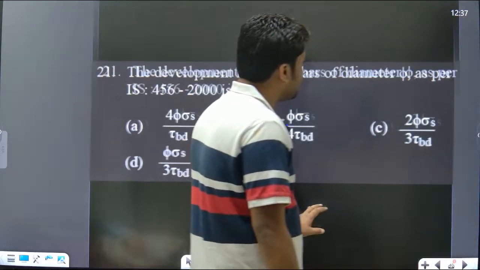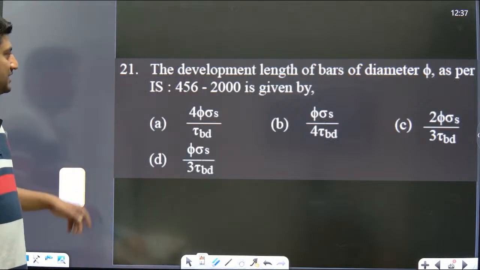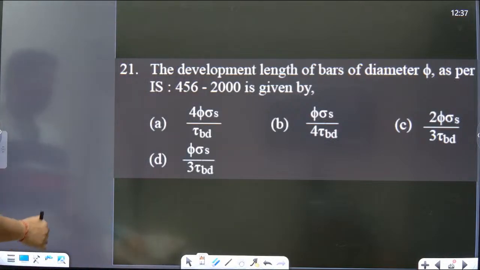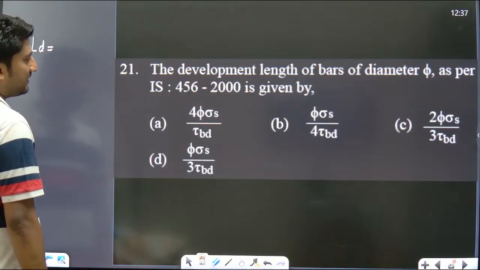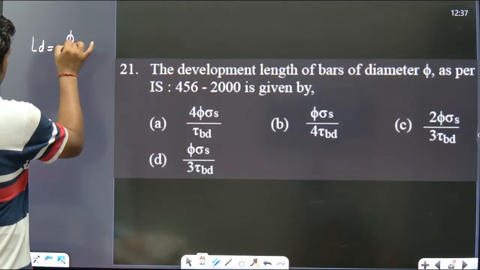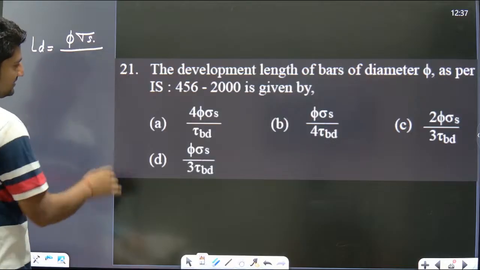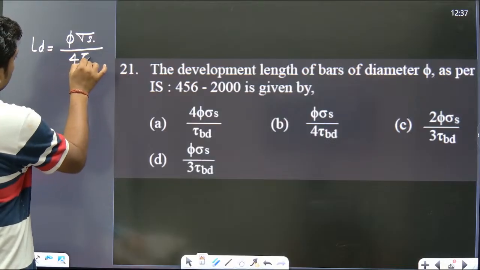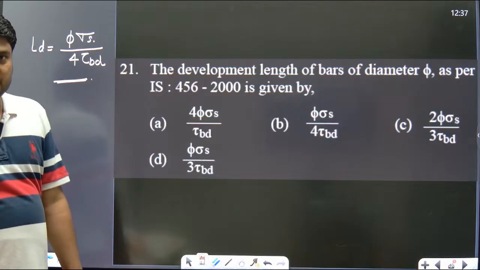This is a simple question. I will not mark a star on this. The development length of the bar: Ld is the development length of the bar as per IS 456, given by Ld equals phi times sigma s upon 4 times tau bd, where sigma s is the stress in the bar and tau bd is the permissible bond stress.